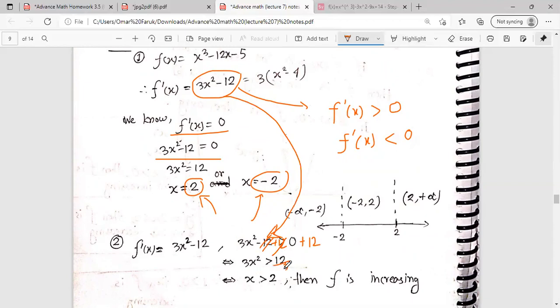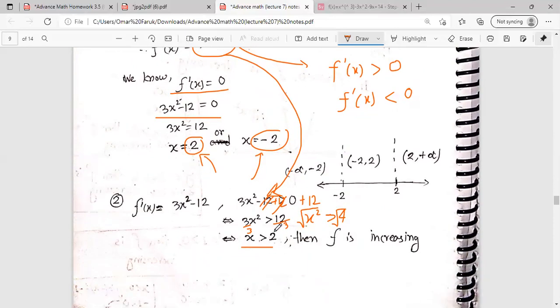So you get x squared is greater than 4. And then you just take the square root on both sides. So you get x is greater than 2.